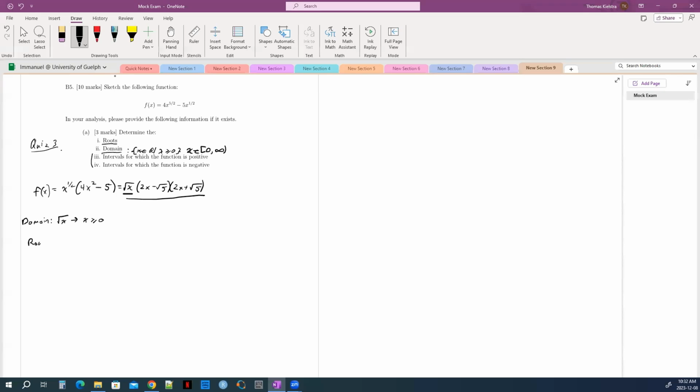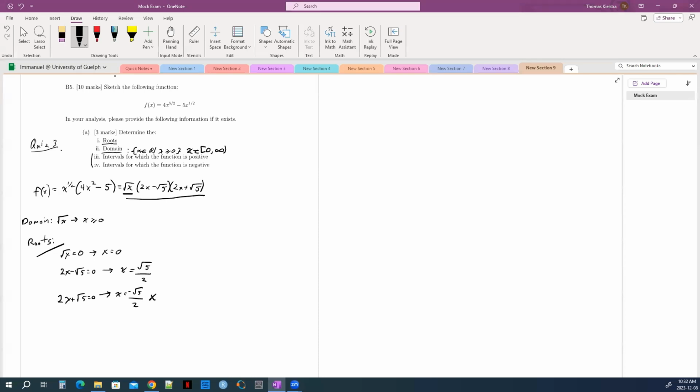We look at our roots. We've got that root x equals 0, which implies x equals 0. We've got 2x minus root 5 equals 0, which implies x equals root 5 all over 2. And we've got 2x plus root 5 equals 0, which implies x equals minus root 5 over 2.